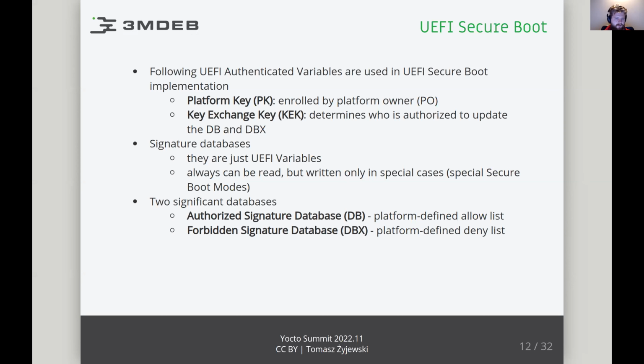Also, we have here two significant databases, the DB and DBX. The DB database is a list of platform-defined allowed lists. So the certificates that are there are allowed to run on our platform, and the DBX defines the certificates that are denied.